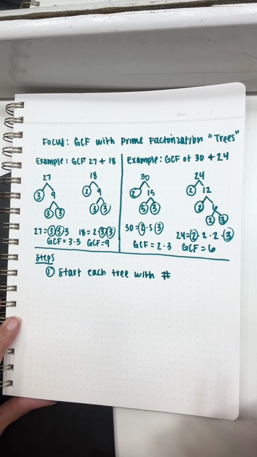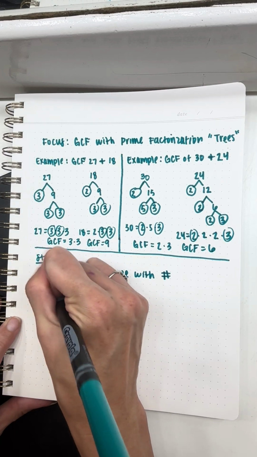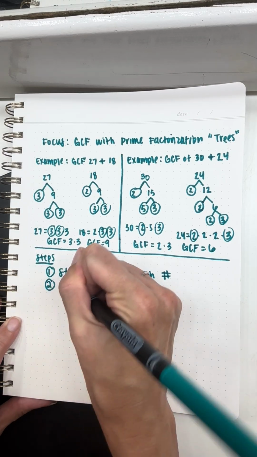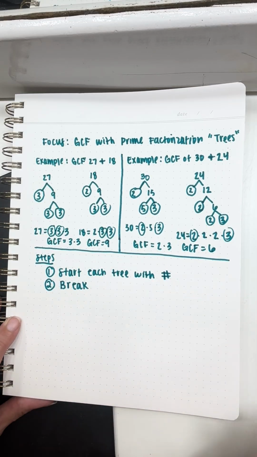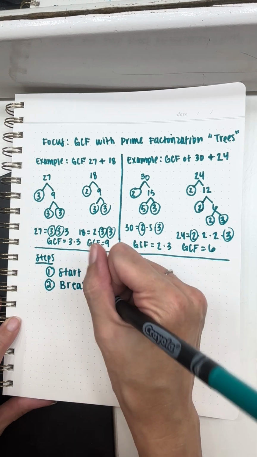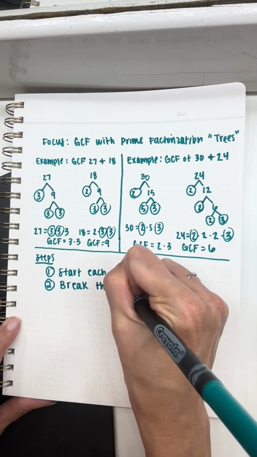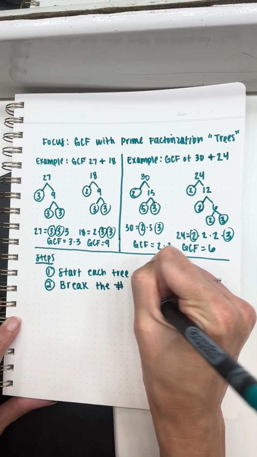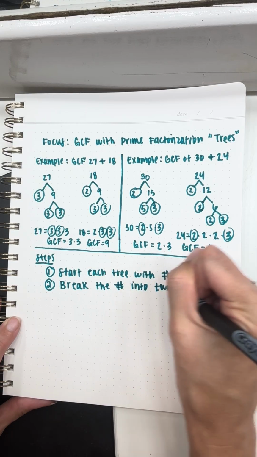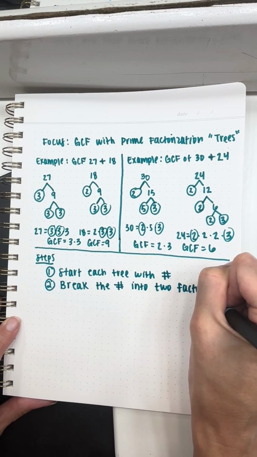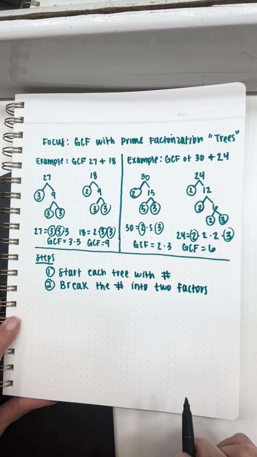So whatever number you're working with. Step 2, break, or you could put branch, either word works. Break the number into 2 factors. You can use whichever factors you prefer.